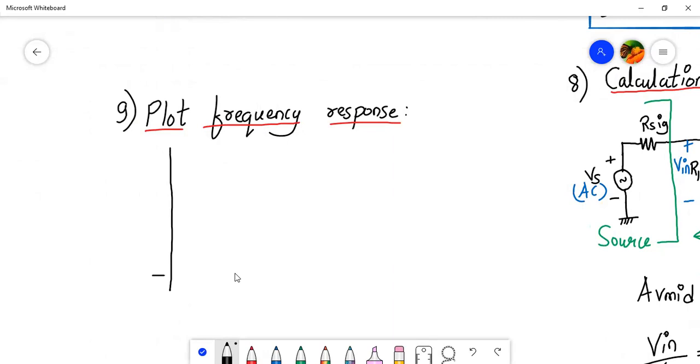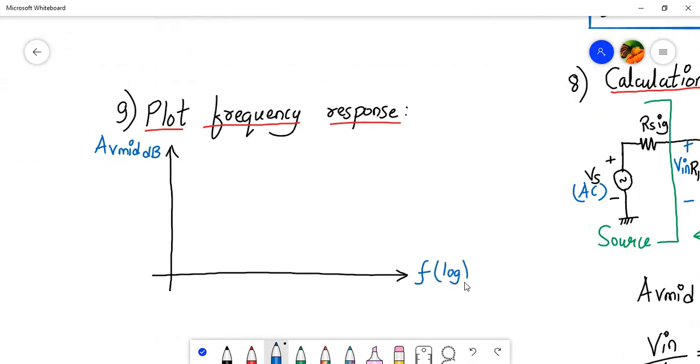Let me try it one more time. Here on the x-axis and y-axis, this will be AV mid in dB, and this will be frequency, which is on the log scale. When we plot the graph, it looks something like this.